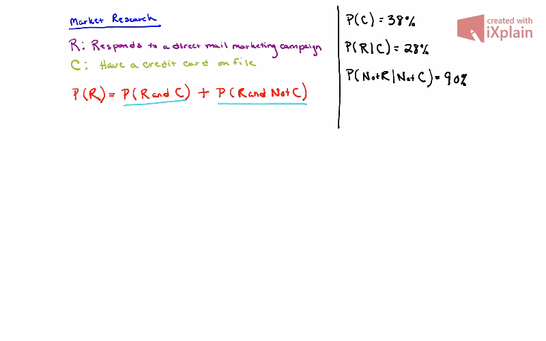So getting back to what we have over in red, I don't necessarily know what the probability of R and C is. However, recall that we do have a definition for conditional probability.